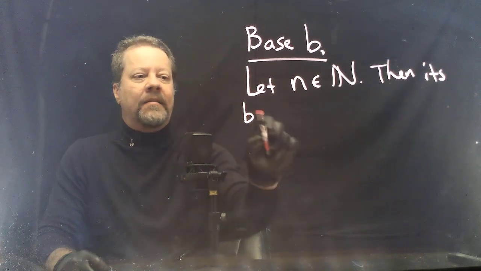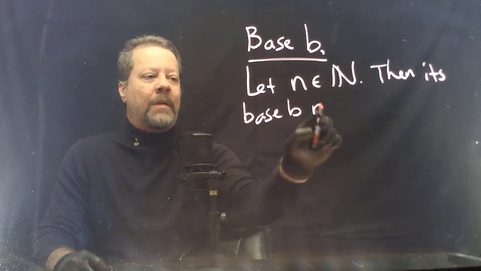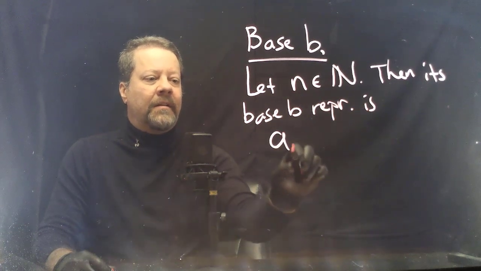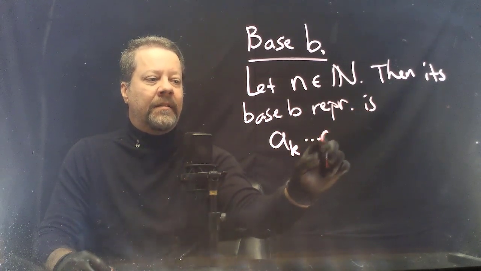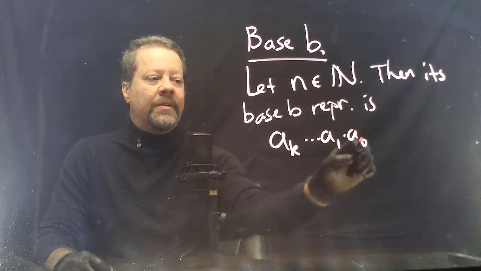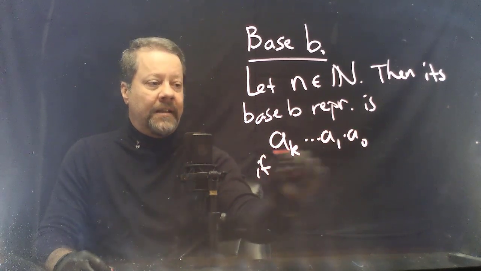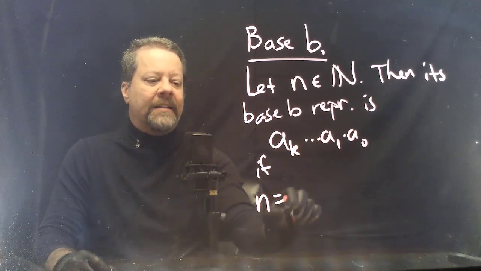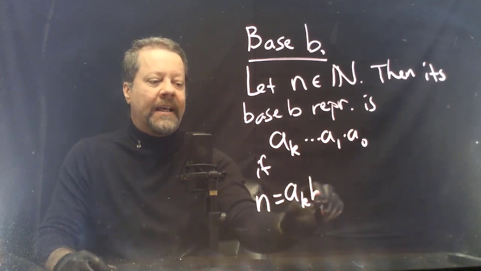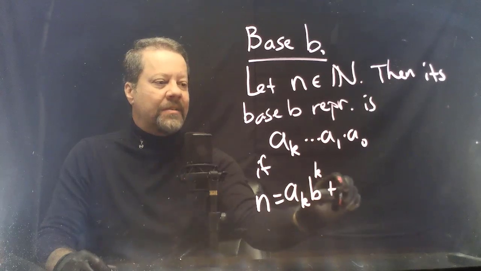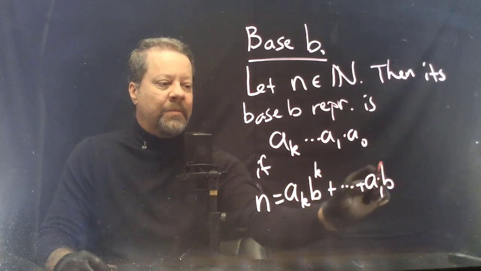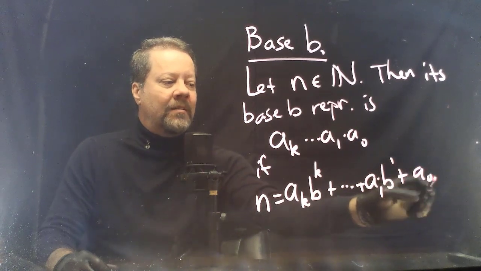Then its base b representation a_k, ..., a1, a0 holds if the number n is equal to a_k b to the k plus ... plus a1 times b to the 1 plus a0.